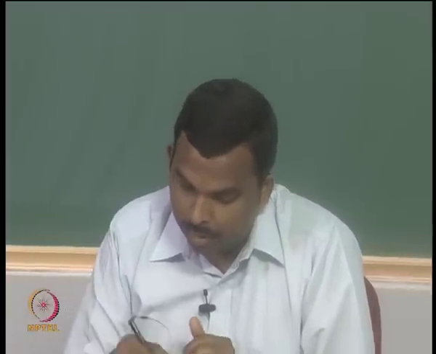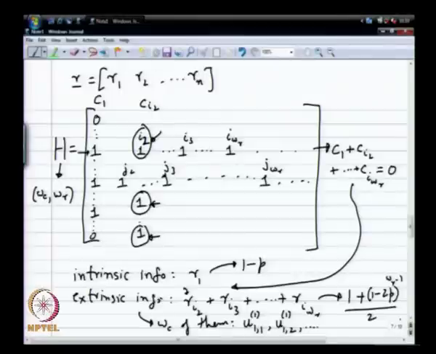If you want, you can go back and look at this picture, this will be a little bit clearer. Remember, if you now look at the I2th position, you will get one intrinsic information Ri2, and then you will get one extrinsic information from this row, another from this row, another from this row. In the updated version for this row, what am I going to look at? I am going to look at these two extrinsic informations. If they agree, I will set that as the updated value for I2 in this row.